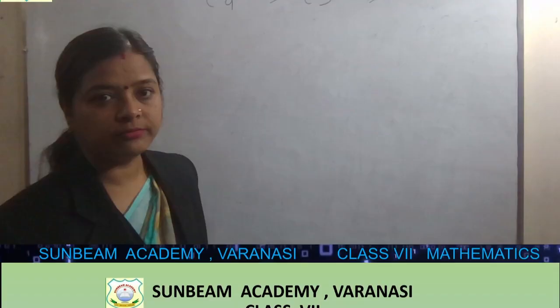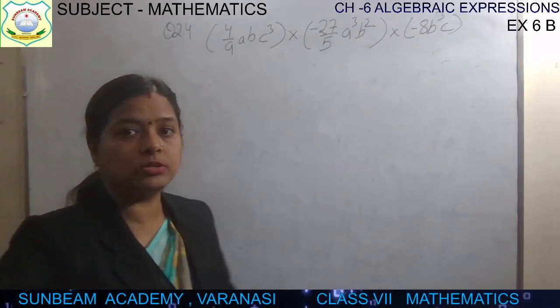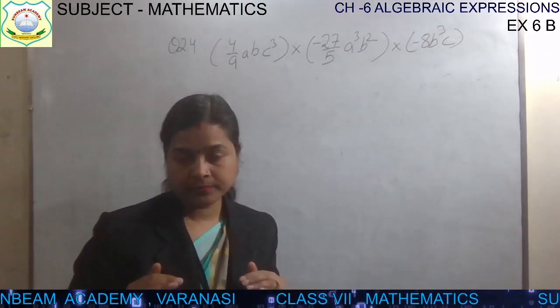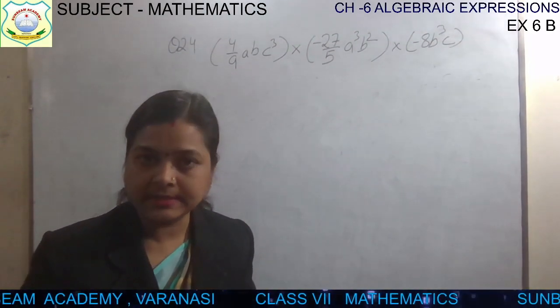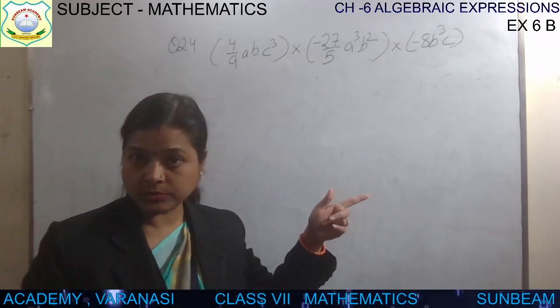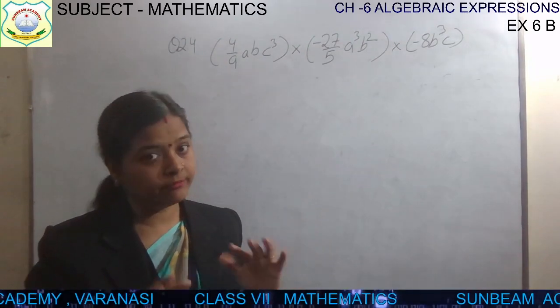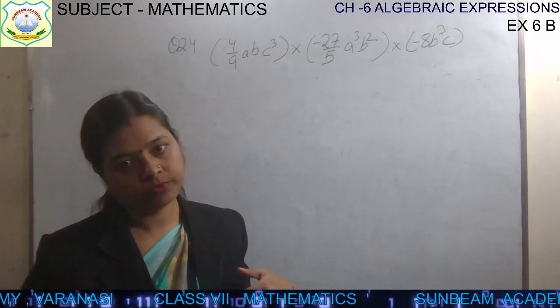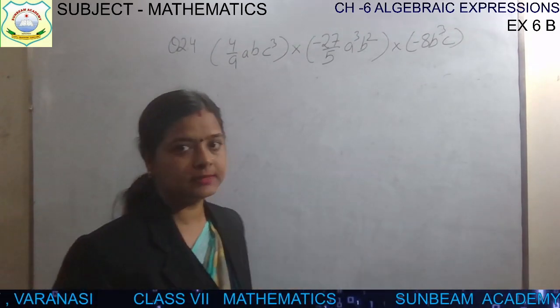Okay, you have to verify it also. So in previous question also you have to verify that whatever answer is coming, substitute the value of ABC in the question also, and then verify that whether LHS is equal to RHS or not.